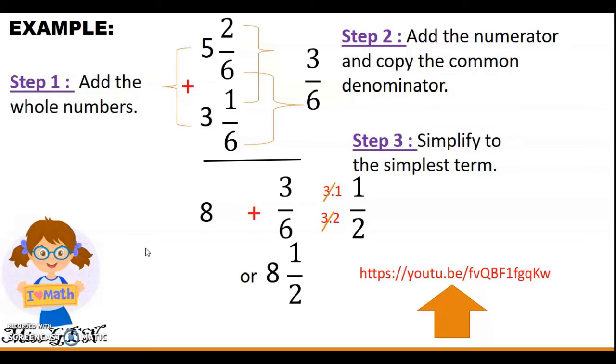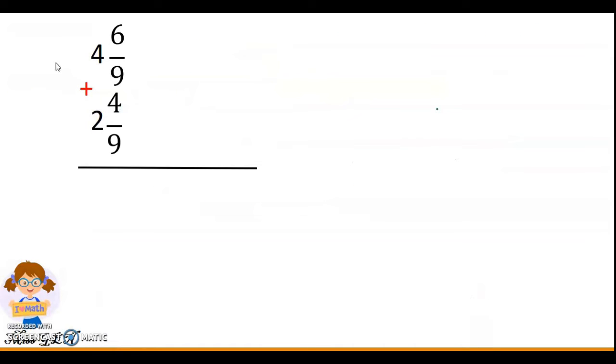So let's try another example. We have 4 and 6 over 9 plus 2 and 4 over 9. So to follow the steps, add the whole numbers. So here we have 4 and 2. So 4 plus 2 is 6.